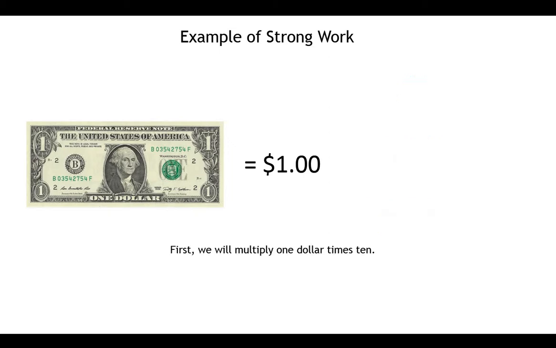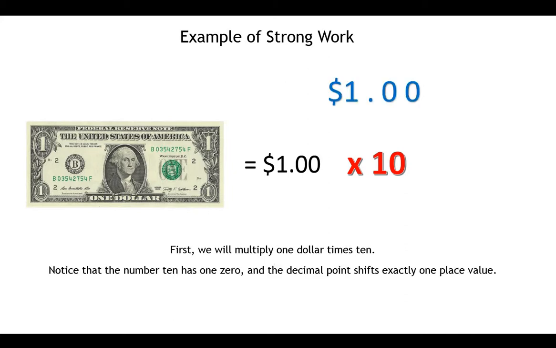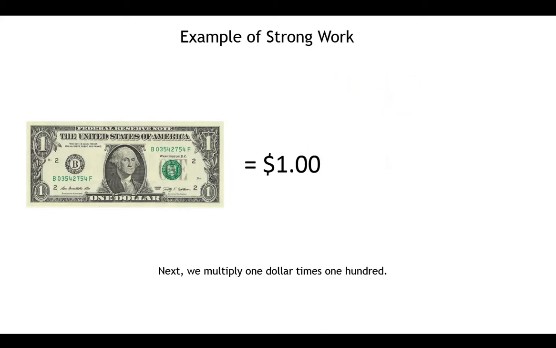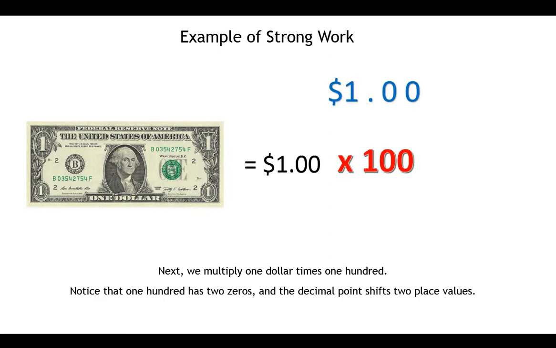First, we will multiply $1 times 10. Notice that the number 10 has 1 zero, and the decimal point shifts exactly one place value. The product is $10. Next, we multiply $1 times 100. Notice that 100 has 2 zeros, and the decimal point shifts 2 place values.